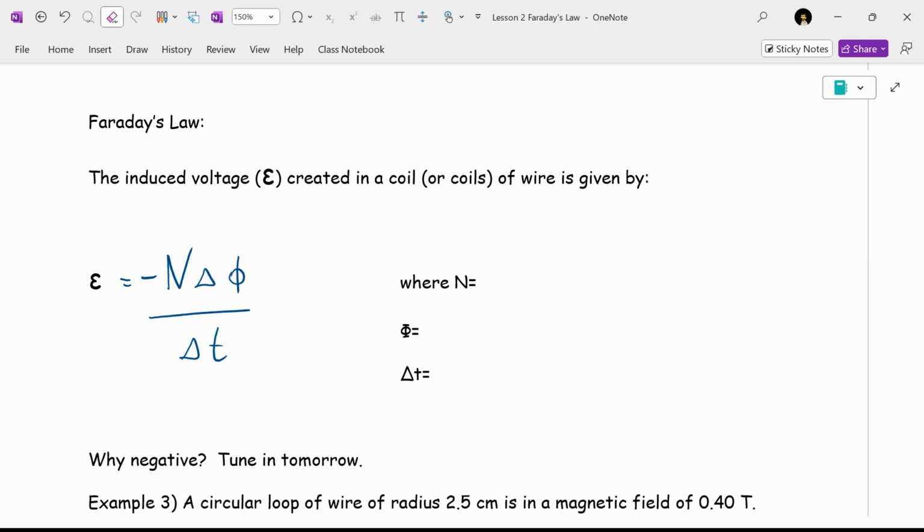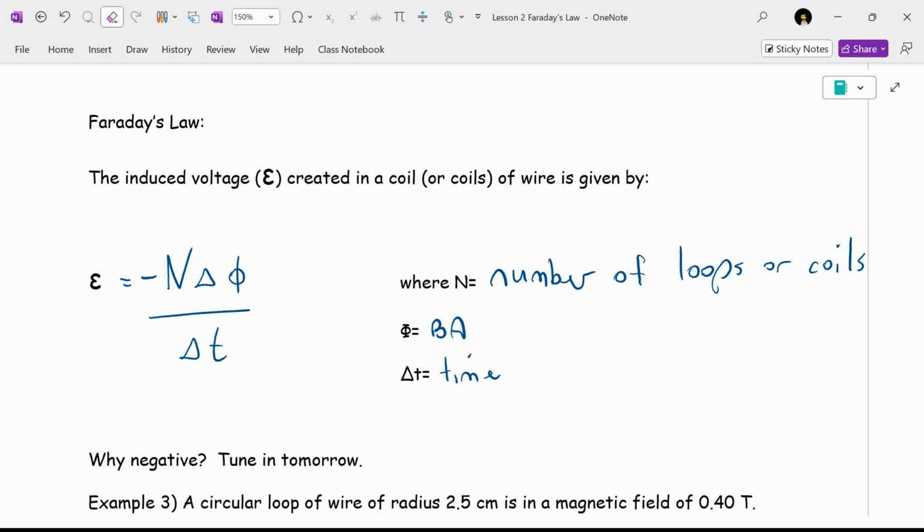What's N? Number of loops or coils of wire. What's flux? BA in Webers. What's delta t since Physics 11? Time.